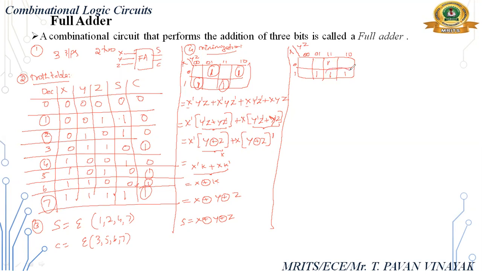So this is one pair. What is the expression? Common term is x, and from these two the common one is y. So xy plus, now I am taking this one. Common is x, and from these two the common is z. Next this one, yz. xy plus xz plus yz. Okay, this is the carry expression.